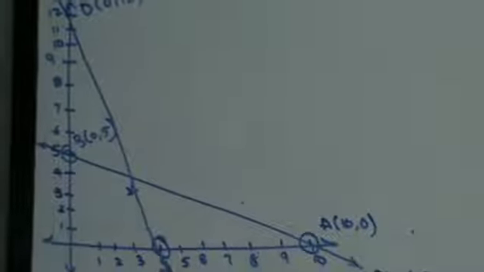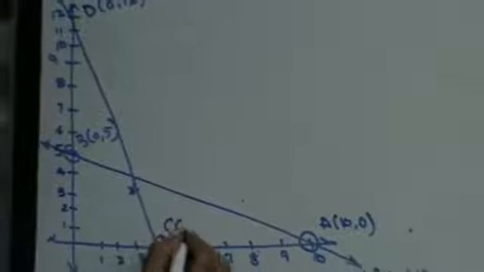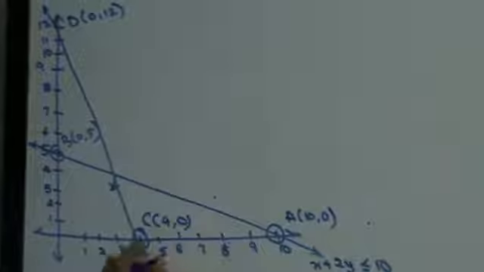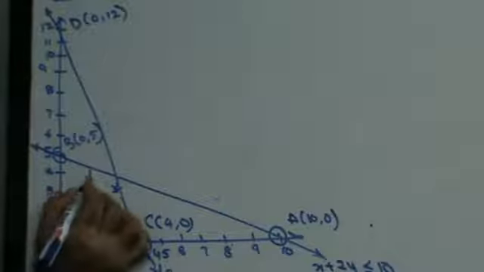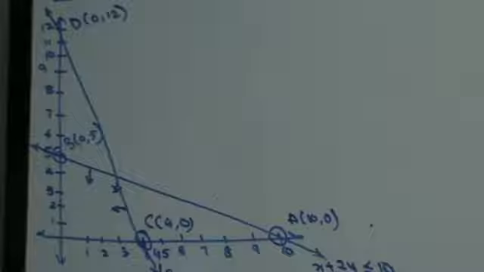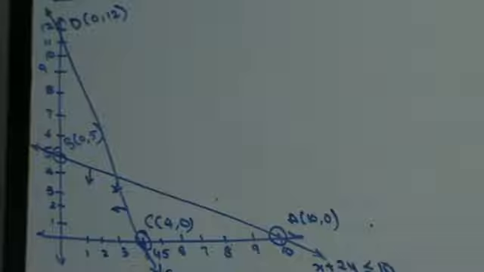This line is 3x plus y is less than equal to 12. Less than means behind the line. In both the cases, there is less than. Less than means behind both the lines.